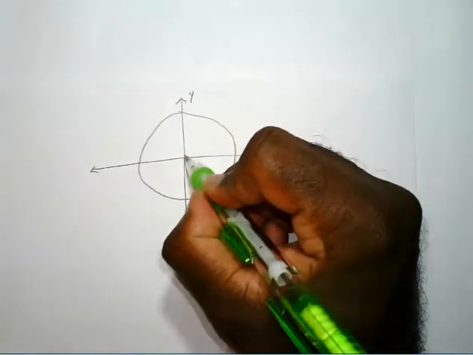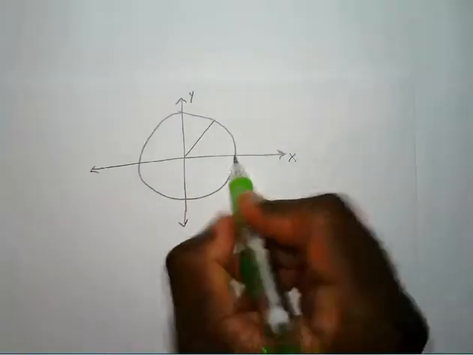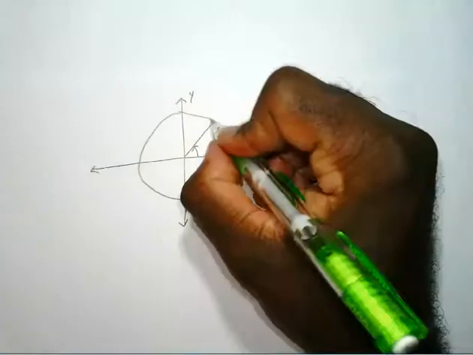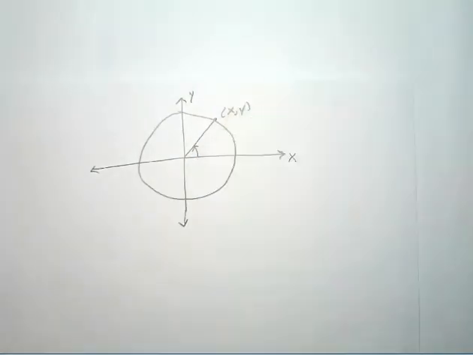Alright, so let's say we're going to go from here to here, and we're going to stop at this point, which is going to be some x, comma, y.